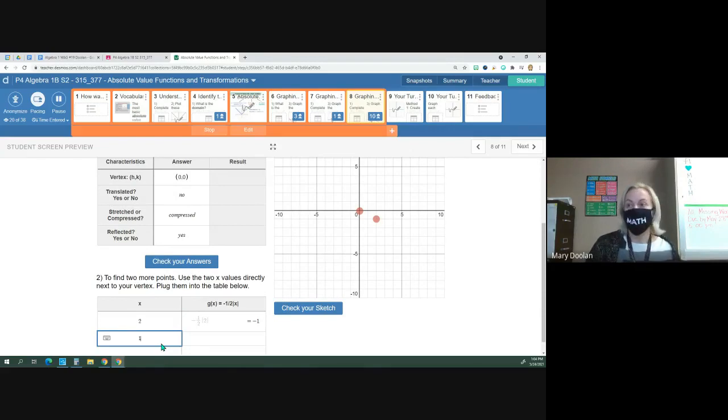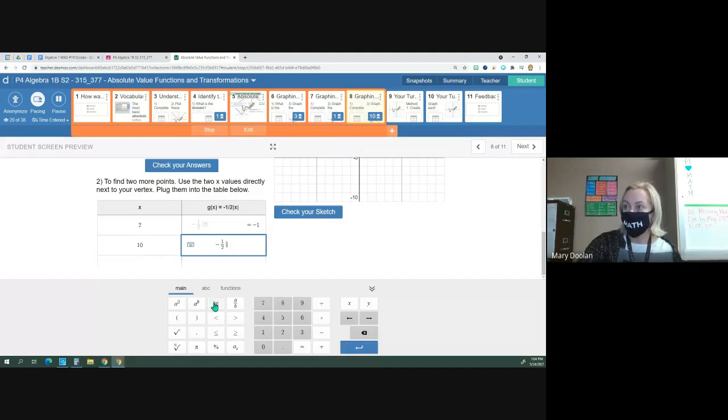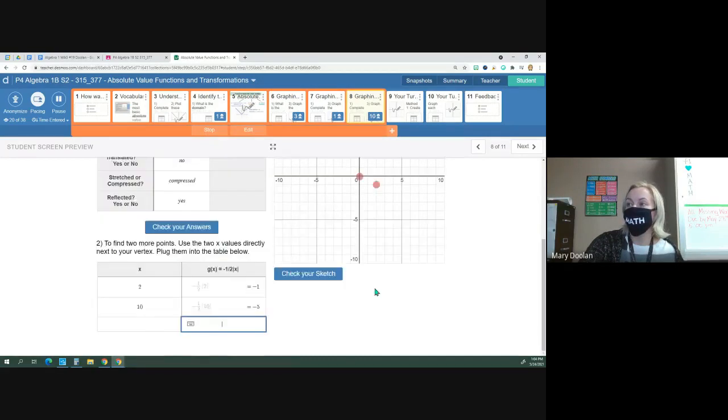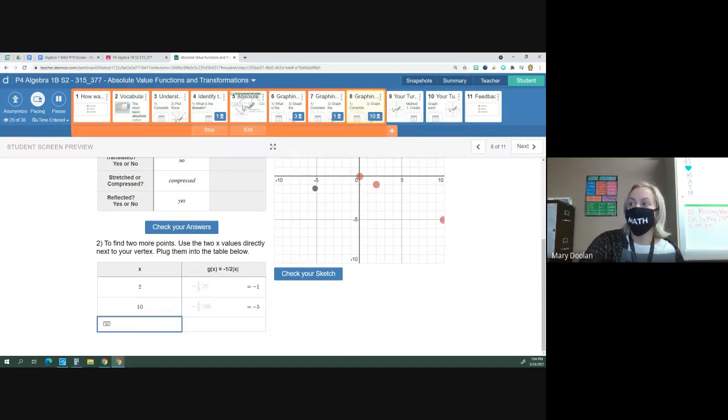I'm going to go a lot further out. Let's try 10. Negative 1/2 times the absolute value of 10 gives us negative 5. So if I go all the way to 10, then I'm going to go down to negative 5. Let's try some points on the other side of the vertex. Let's try negative 6.